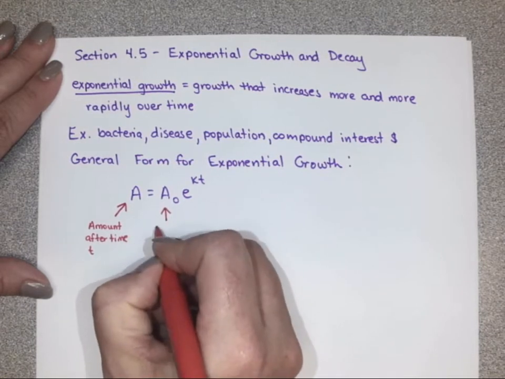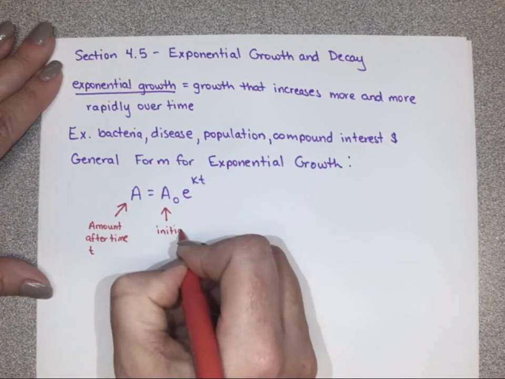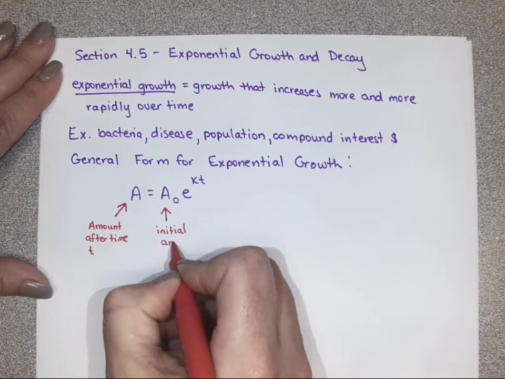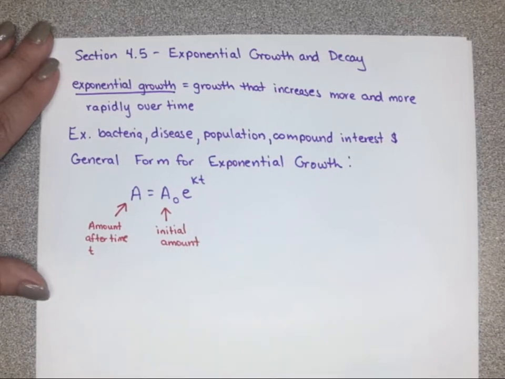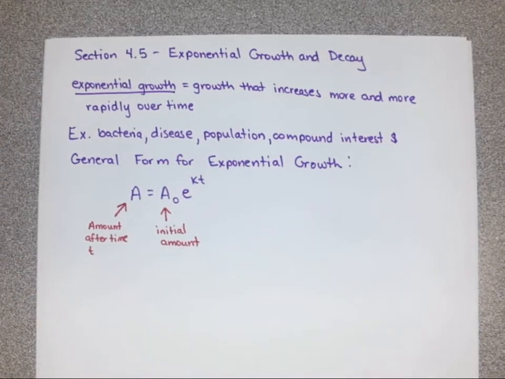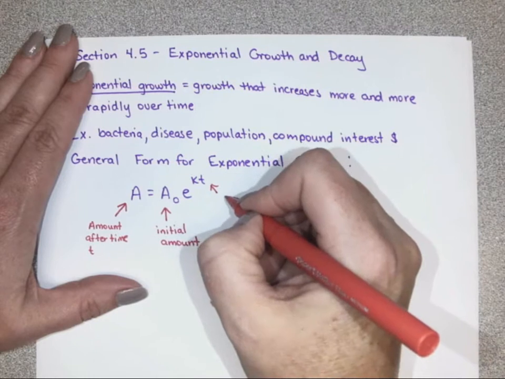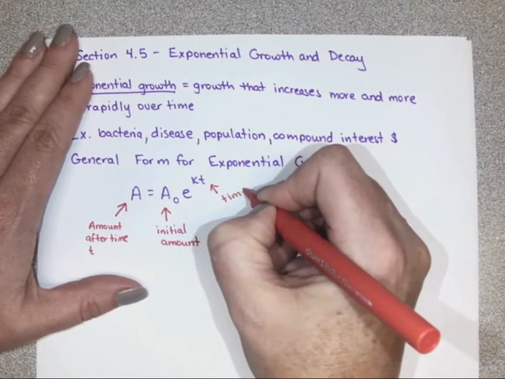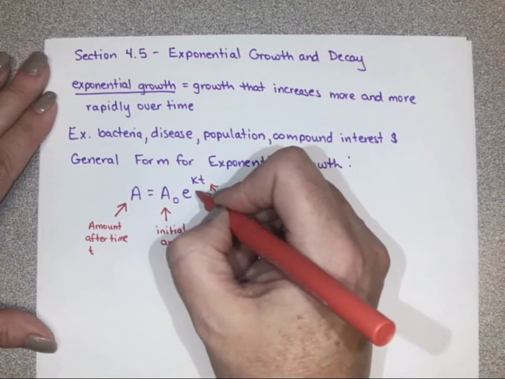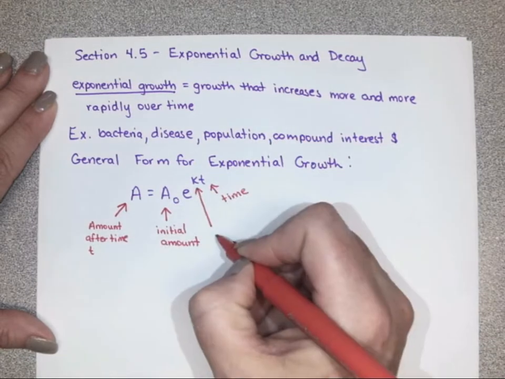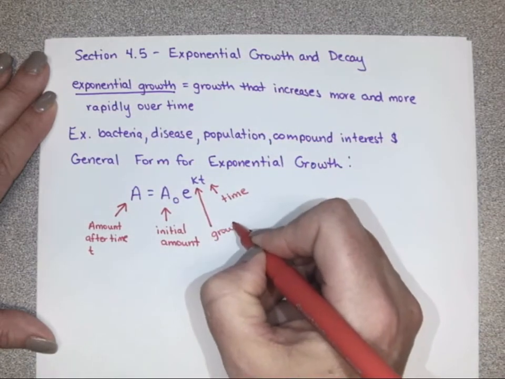A sub 0 is going to be the initial or starting amount. It's sub 0 because it's time 0, so it's the amount at the beginning. What do you guess t is going to be? No shocker: time. And then k is going to be the growth constant or the growth rate.